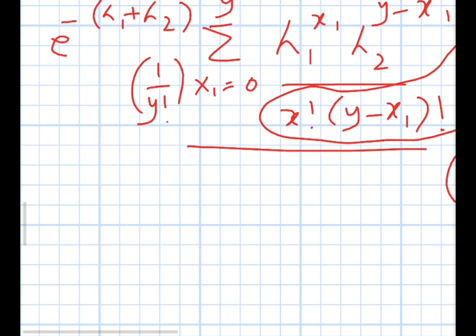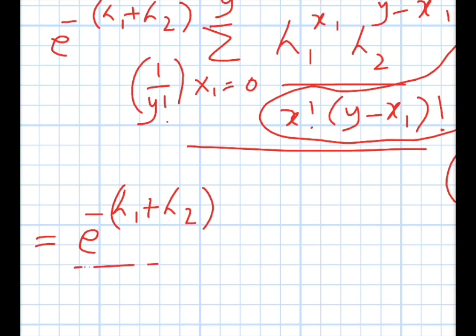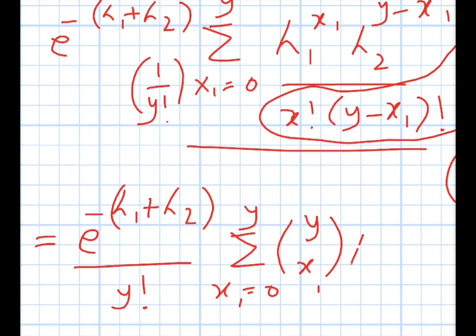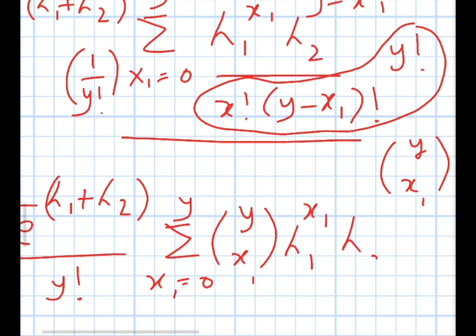So now our PMF is e to the minus (lambda 1 plus lambda 2) divided by y factorial, times the sum for x1 equal to 0 to y of y choose x1 times lambda 1 to the x1 times lambda 2 to the y minus x1.